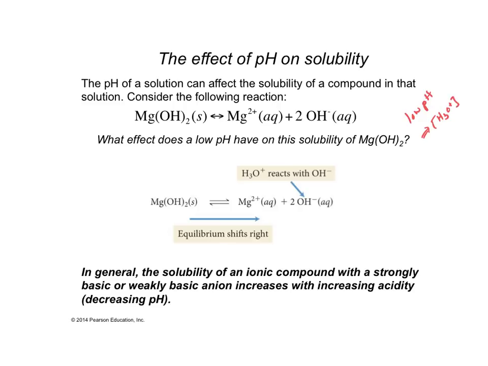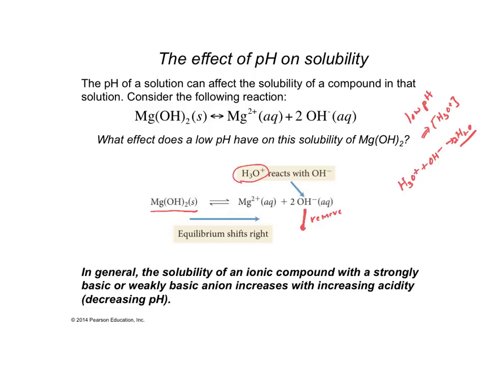Remember that H3O+ reacts with hydroxide to form just nice plain water. Because of that, if we're trying to dissolve something like magnesium hydroxide in a solution with a bunch of hydronium ion, that hydronium ion is going to react with OH minus. It's going to produce water in the process, which is going to remove OH minus from solution.